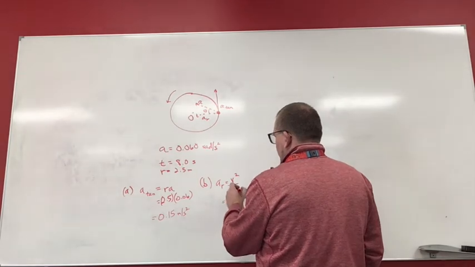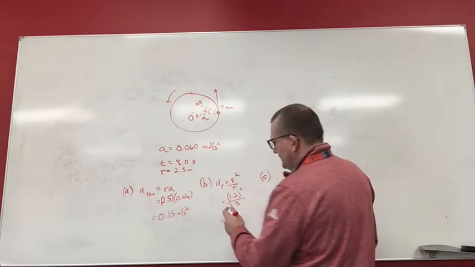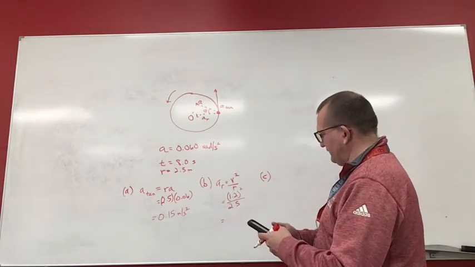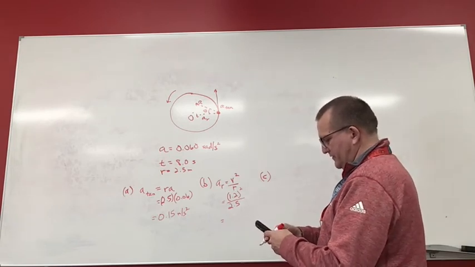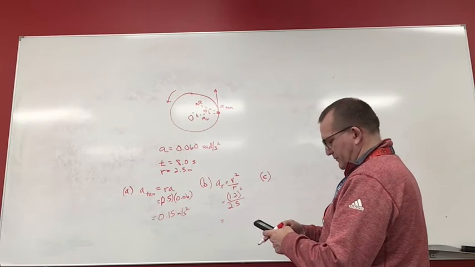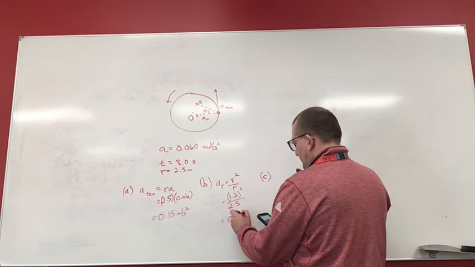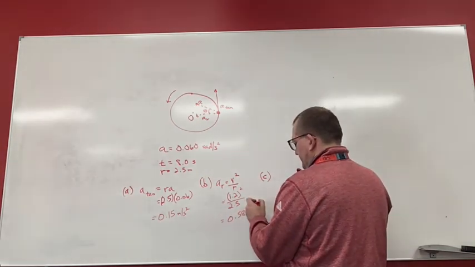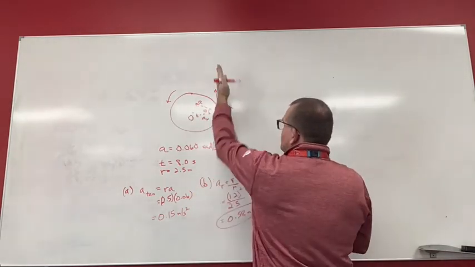So our linear velocity is 1.2, squared, divided by our radius, and that will tell us our centripetal acceleration. 1.2 squared divided by 2.5 is 0.58 meters per second squared. So this is our centripetal, the acceleration pulling us in, and then we have the tangential acceleration going this way.